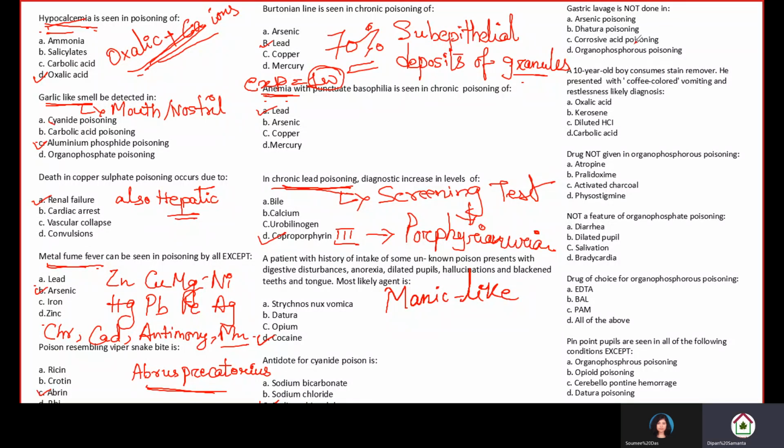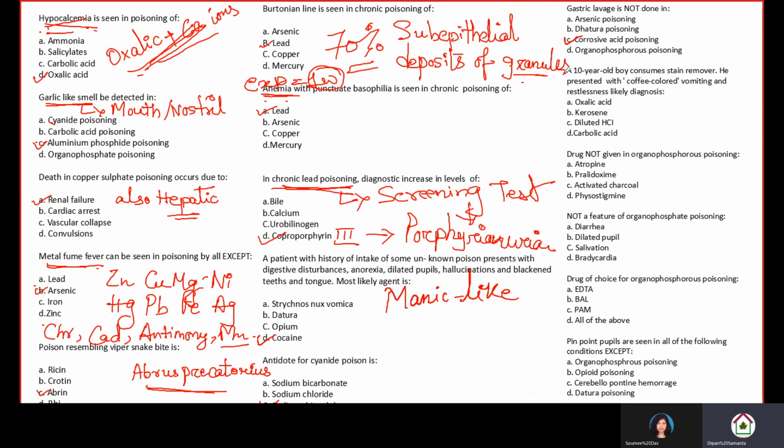Next, gastric lavage is not done in corrosive acid poisoning. Gastric lavage is contraindicated when the patient has a compromised unprotected airway and in patients at risk of gastrointestinal hemorrhage or perforation, as in corrosive acid poisoning.